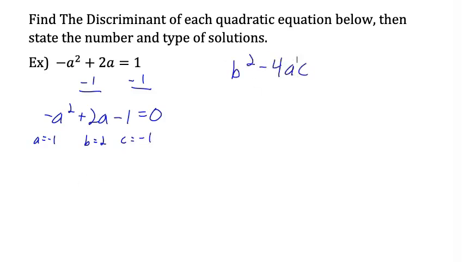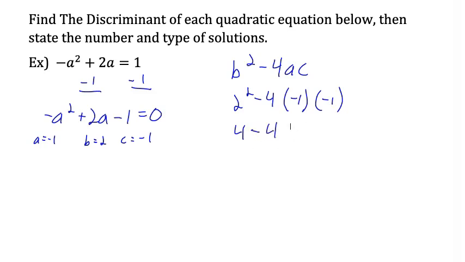We're using the discriminant to figure out the number of solutions and what type of solutions they are. So we have b squared minus 4 times a times c. So we have 2 squared is 4, and we have negative times negative times negative. That's going to end up being a negative. And we have negative 4 times negative 1 is positive 4, times negative 1 is negative 4, so it'll be minus 4.